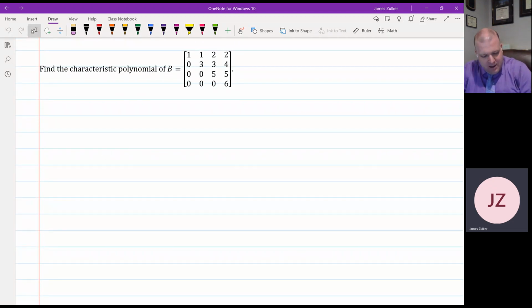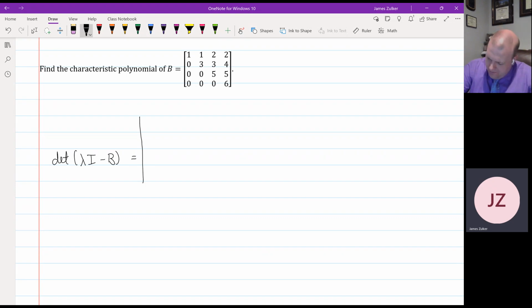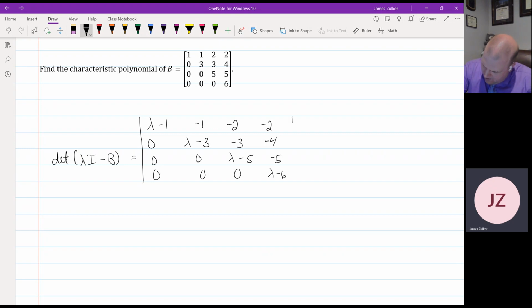Now we want to find the characteristic polynomial of this 4x4. Again, we just want the determinant of lambda I minus B. Since this is a diagonal matrix, the determinant is very simple.